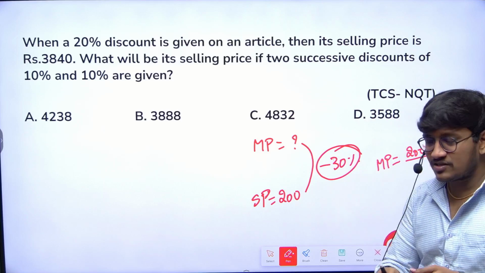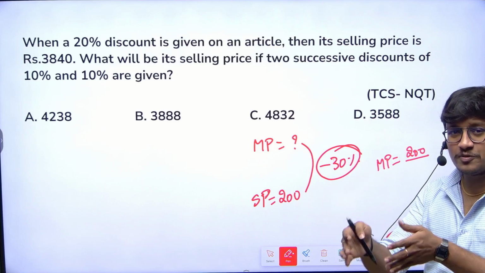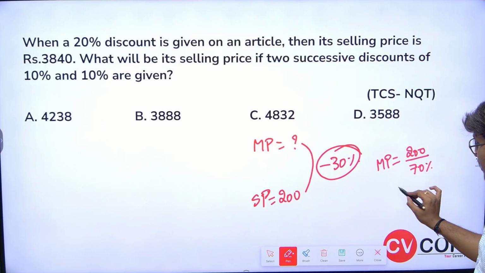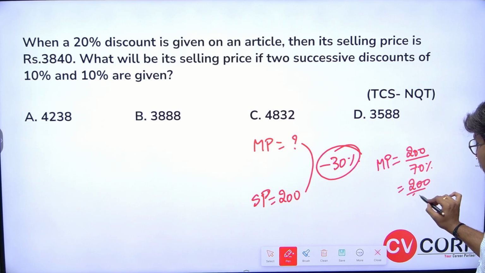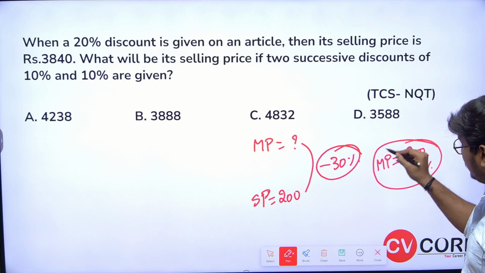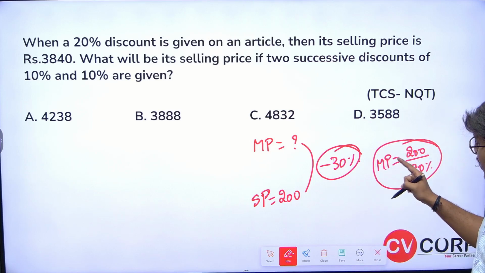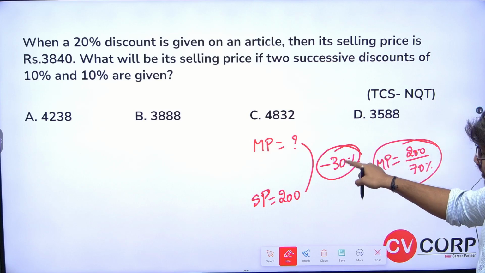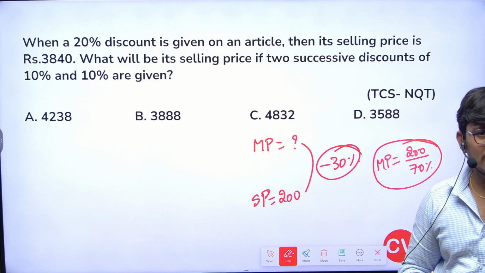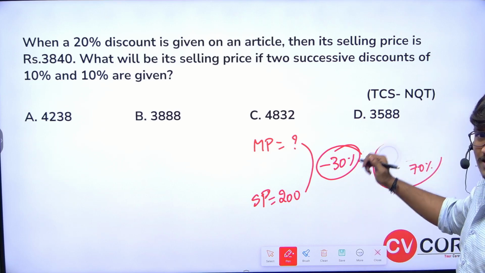Out of 100%, when 30% is removed, how much percent is left out? 70%. So you can write 70%, or 200 by 70 by 100, and this 100 goes to the numerator. The main thing you should understand is that when you want to get market price, you take the selling price by whatever value is left out after removing the discount, and keep it in the denominator. Okay, Pratyusha, I hope you all are clear with this.